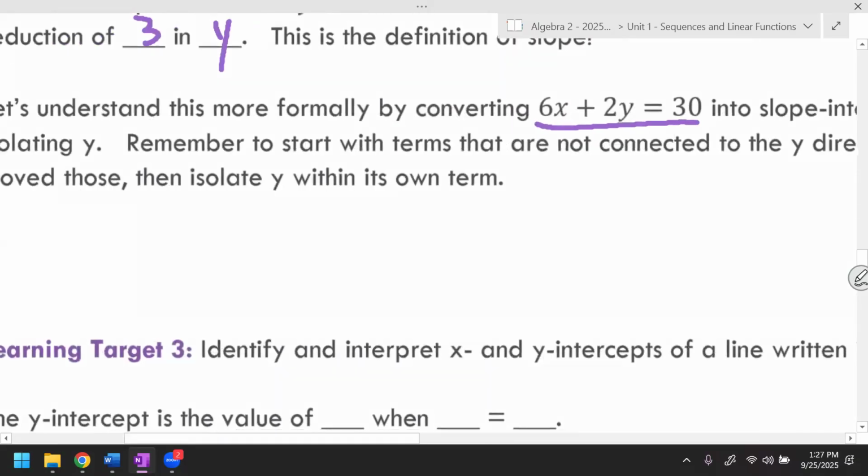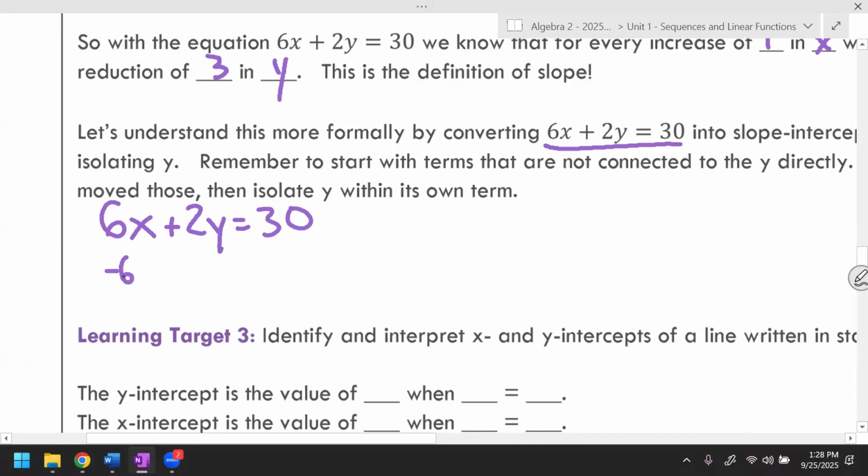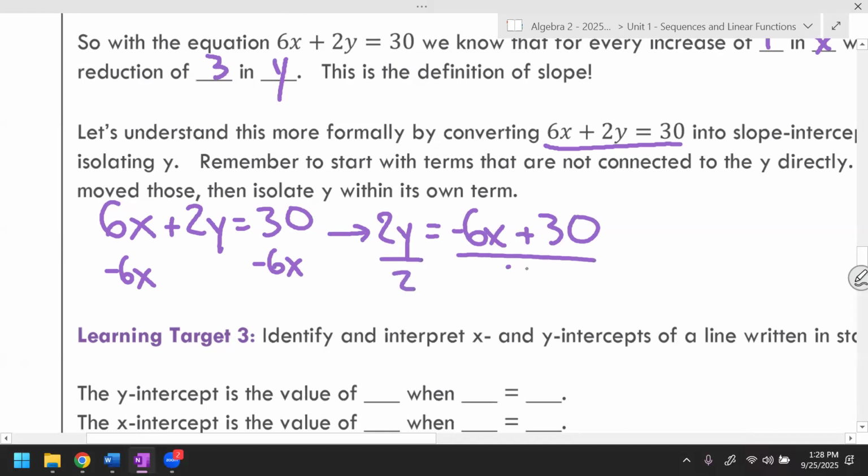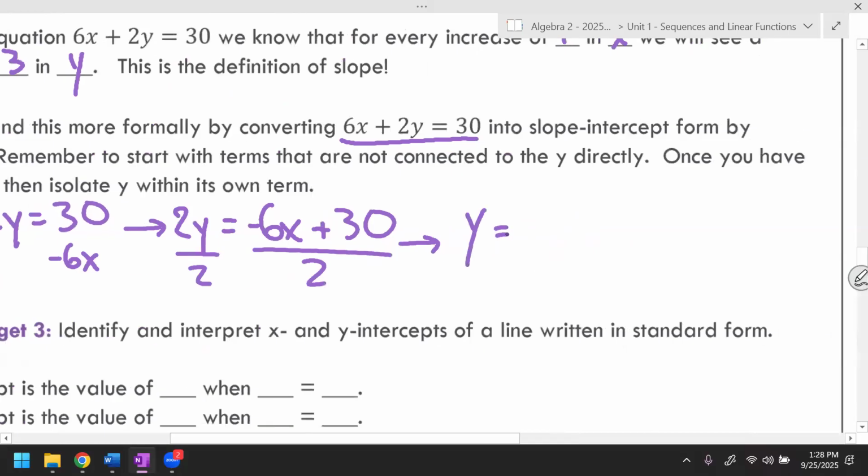Yeah, let's just subtract 6x from both sides and then divide both sides by 2. That'll give me 2y equals negative 6x plus 30. And I'll divide both sides by 2. That'll give me y equals negative 3x plus 15.